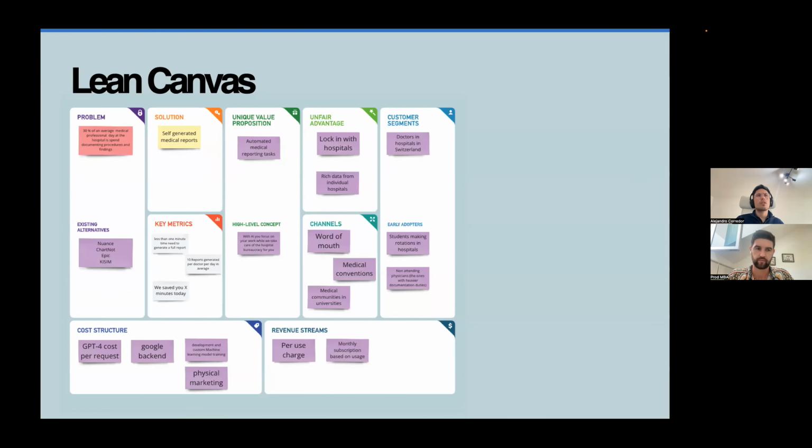So just before going through that, let's talk quickly about the lean canvas that I mentioned. Here it is important to highlight the unfair advantage that we will have with the product in case we are able to get a partnership with hospitals, because they will provide us the data that is the essential component in machine learning and artificial intelligence to make this happen. In cost structure, as a software product, there is always an advantage because software development is inexpensive and scales relatively easily.